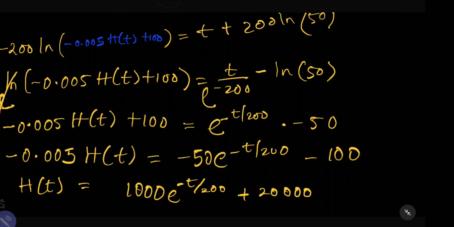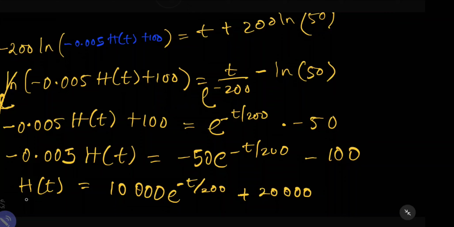Let me punch my calculator to make sure I am super correct. Yes, this gives us 20,000, and 50 gives us 10,000. So we actually have 10,000 here. So this becomes our answer.